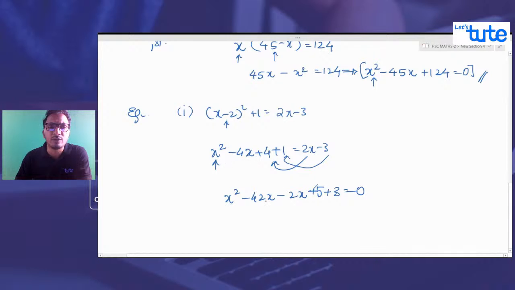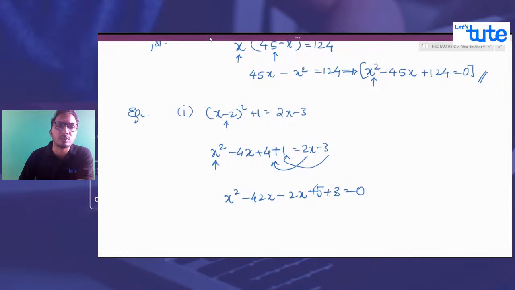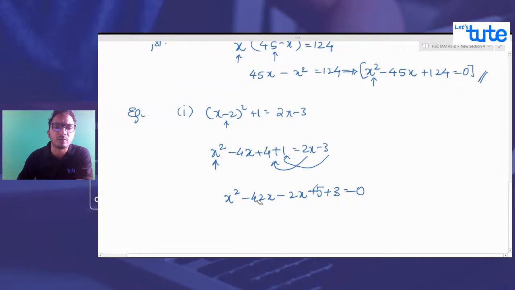Oh, why did I write 42x? It's a bit strange. Let me just remove this. So it is x squared minus 4x minus 2x, and 4 plus 1 is 5, 5 plus 3 is 8. So now we can say that it is x squared minus 6x plus 8 equals 0.